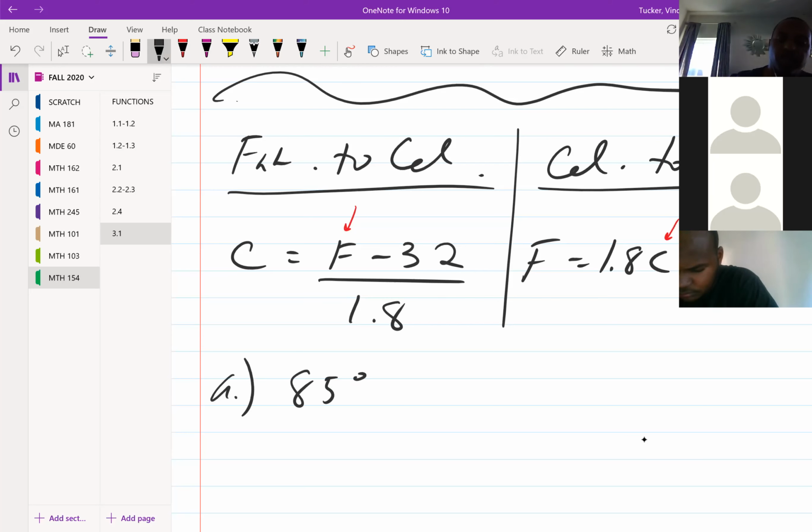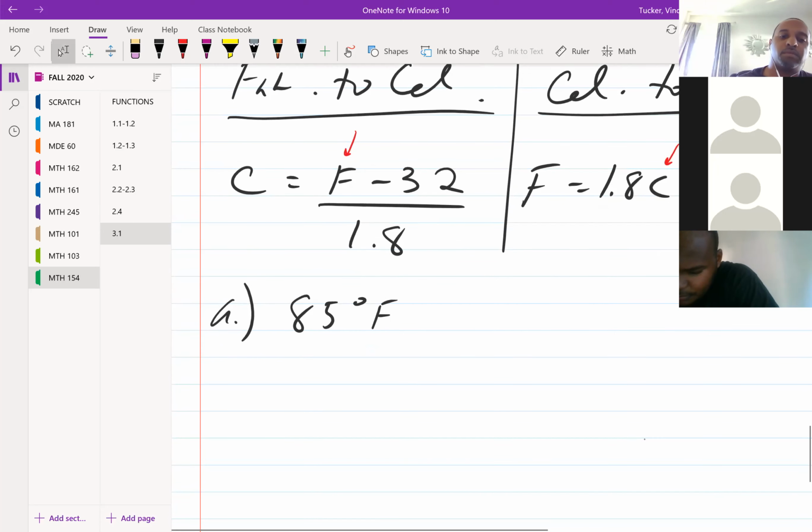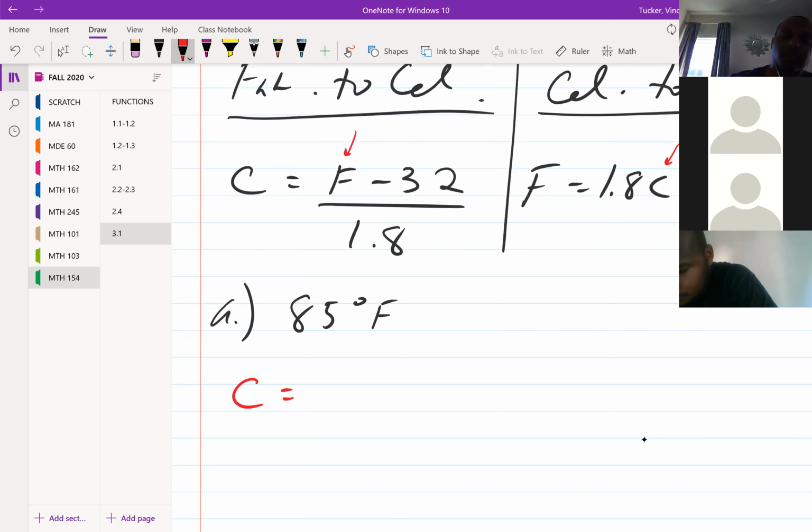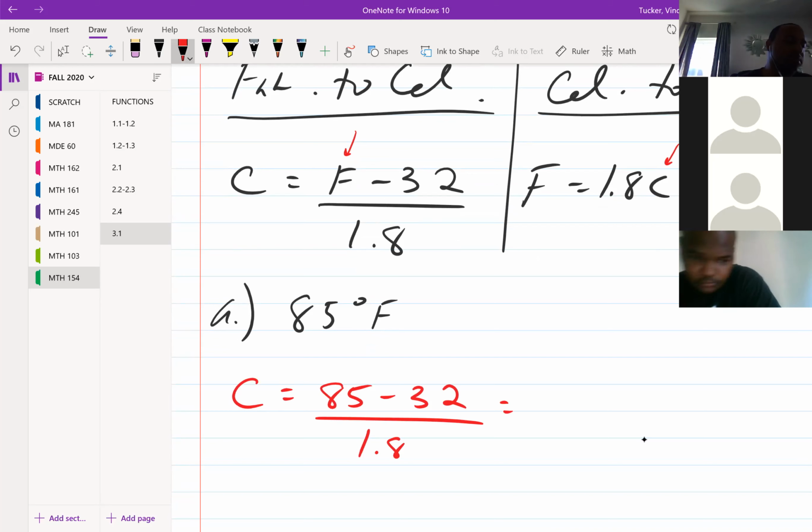So 85 degrees Fahrenheit. So I'm going to plug it into the formula. 85 minus 32 divided by 1.8. I got 4 repeated.